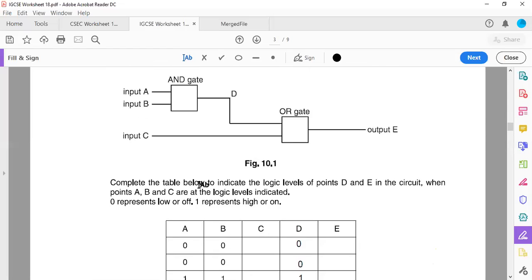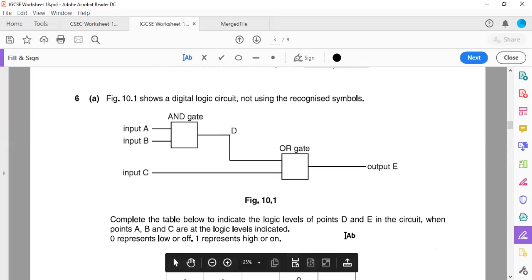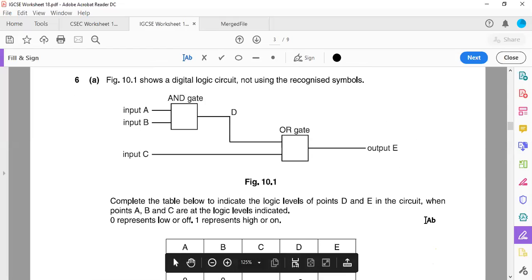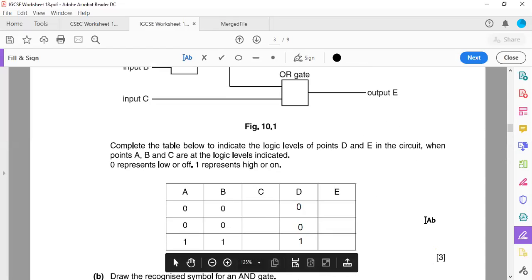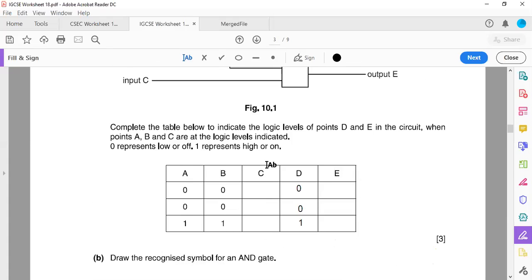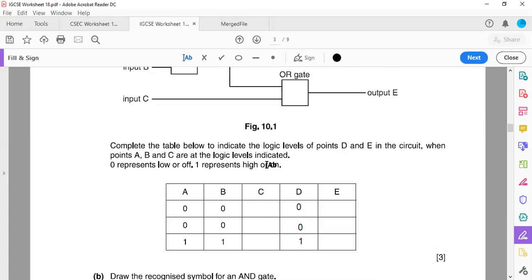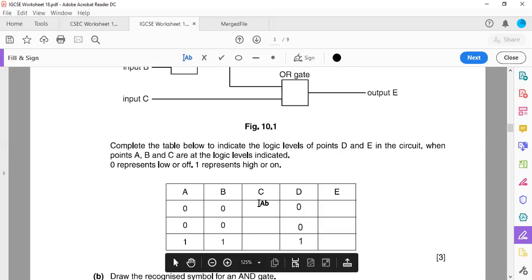Complete the table below to indicate the logic points at D or E in the circuit when C is at the logic levels. What is going to always be C?